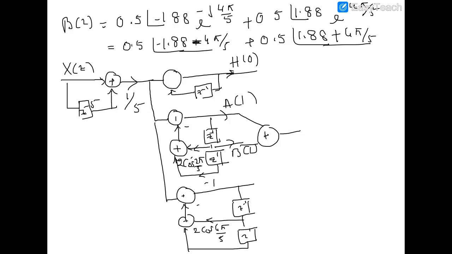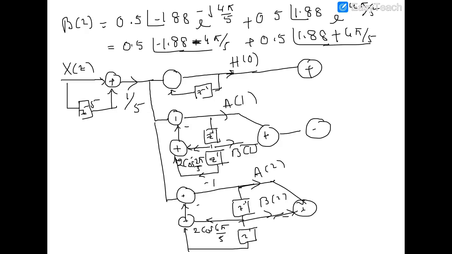So you get this multiplied by A2, this by B of 2. This all will get added up in order to get Y of Z. This is a double pole structure.